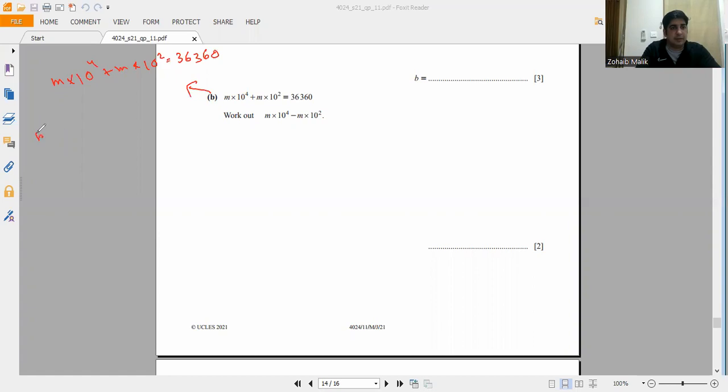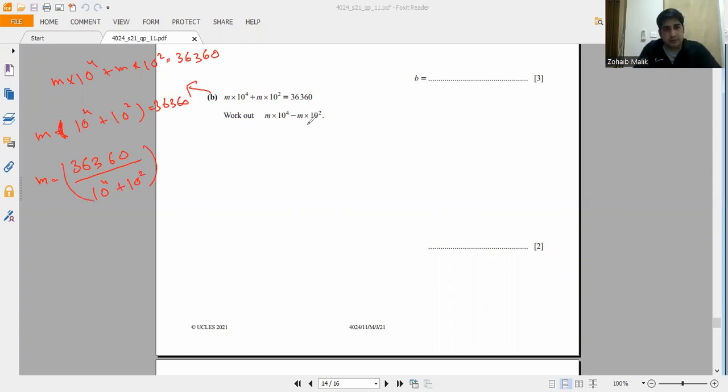So I can find the m value. m would be equal to 36360 over 10 power 4 plus 10 power 2.